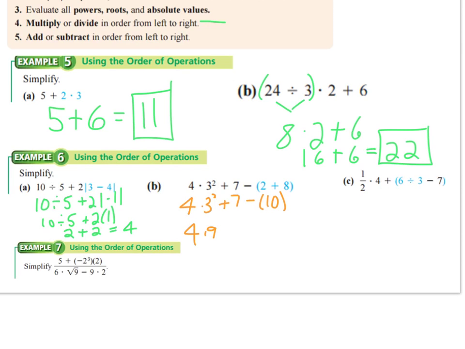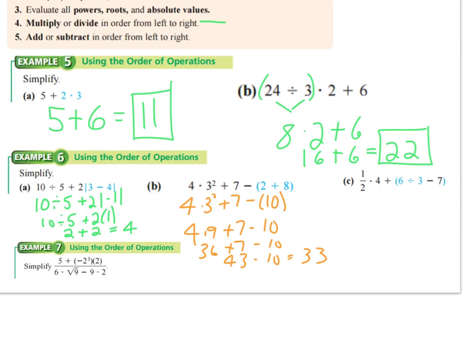So we'd have 4 times 9 plus the 7 minus the 10. Multiplication would be next, so 36 plus 7 minus 10. And then addition and subtraction you can do from left to right when you have both. So we end up with 43 minus 10, so it turns out to be 33 for that one.